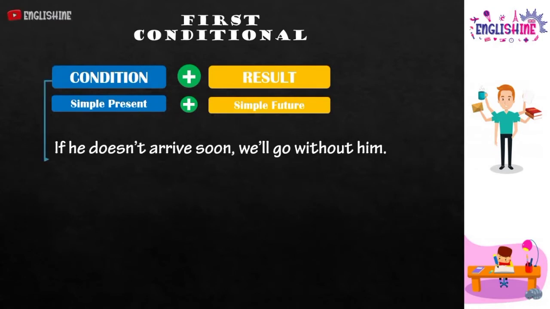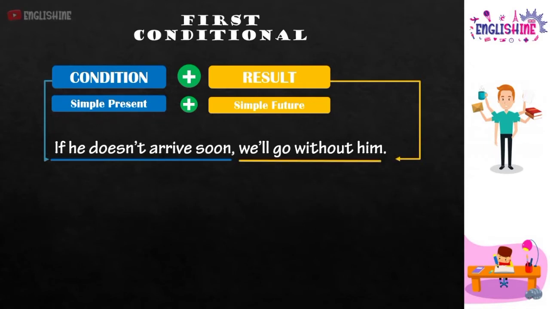The condition is, if he doesn't arrive soon. The result is, we'll go without him. Remember, we'll is the contraction of we will. It likely happened to leave him behind because he comes late.